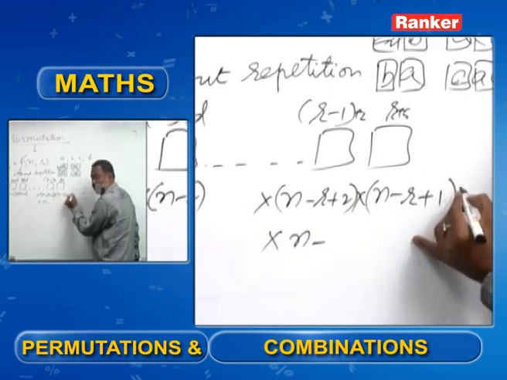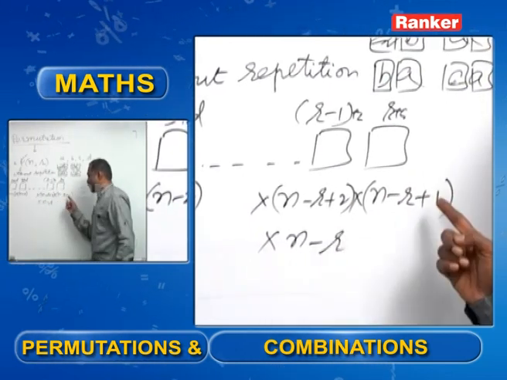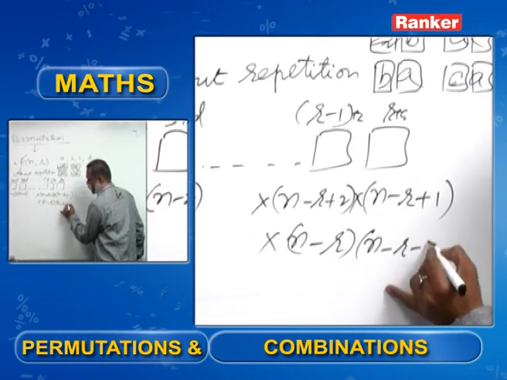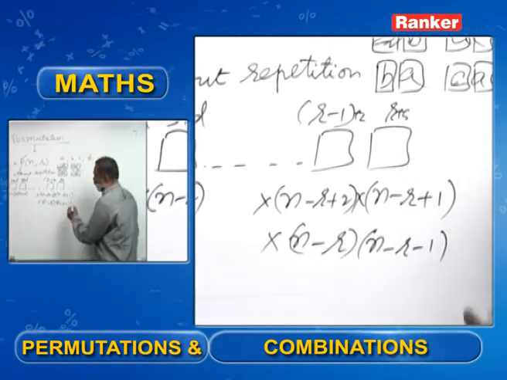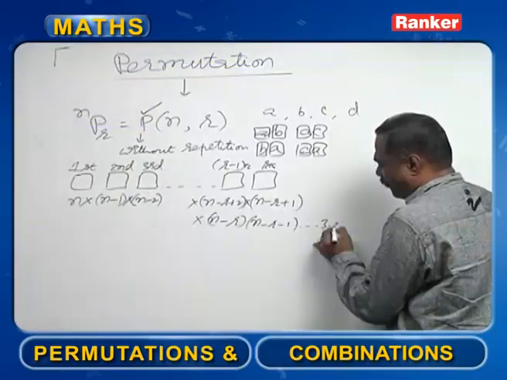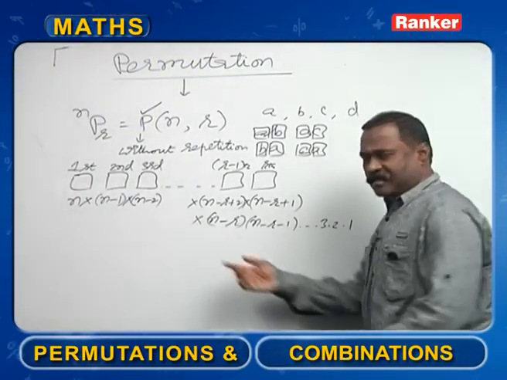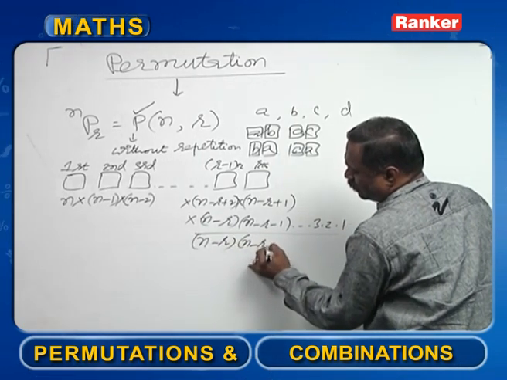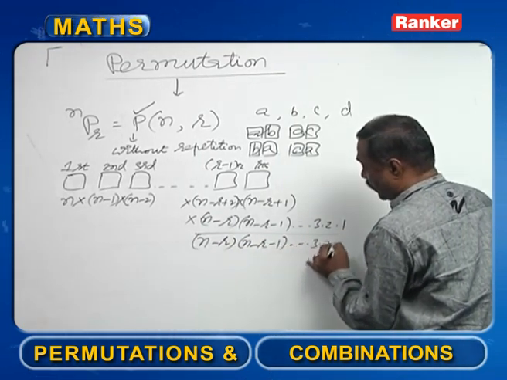The next term to this is N minus R, and the next term to this is N minus R minus 1, and so on. To complete the factorial, we multiply with these terms and we divide with the same terms. It is just to complete the factorial.